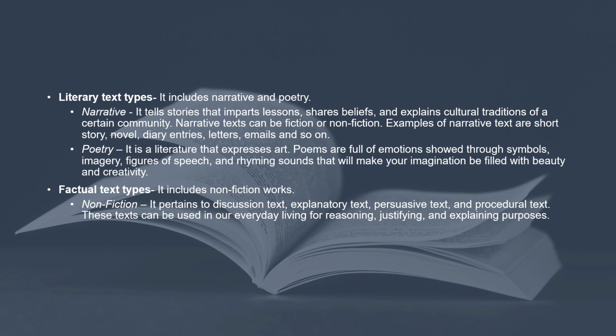Narrative text can be fiction or non-fiction. So, we have some examples like short story, novel, diary entries, letters, emails, and so on. So when it comes to narrative, it sounds like stories that can give lessons and many more.